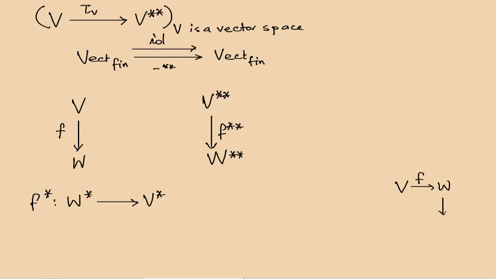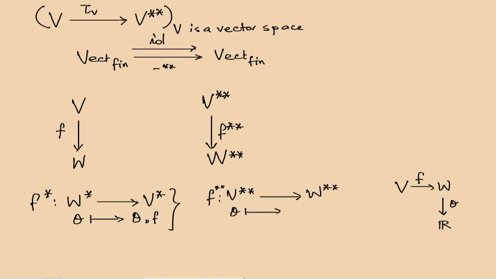You give me a linear transformation and you compose. So this obviously gives me F star. What is F double star? This takes a theta to theta composed F star. Okay?